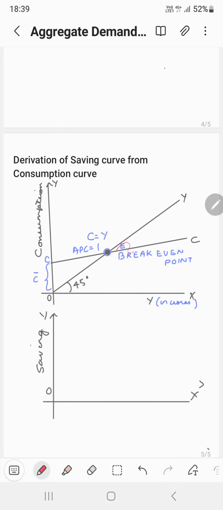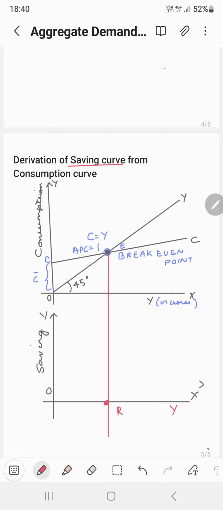Okay, so this is how we are drawing a line down. This is perpendicular to the saving graph, and at this point R, same thing here also, x-axis has income and y-axis here it is saving, because we are deriving the saving curve.